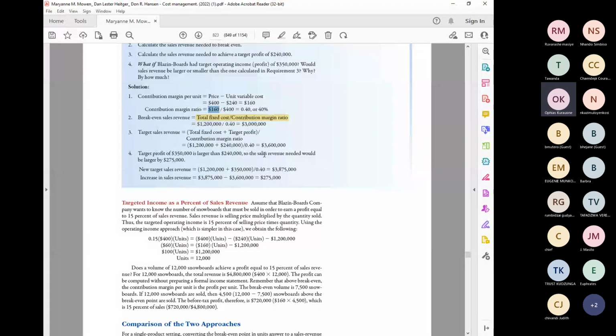Then divided by 0.4, which you calculated in 1. Then you get 3.6 million. If it is 350, you do the same thing: fixed cost 1.2 plus 350 divided by 0.4, then you get 3.875, an increase of 275,000.